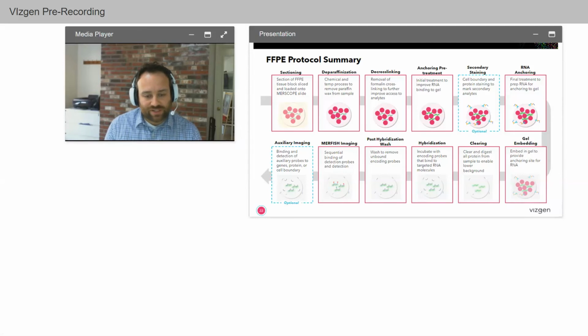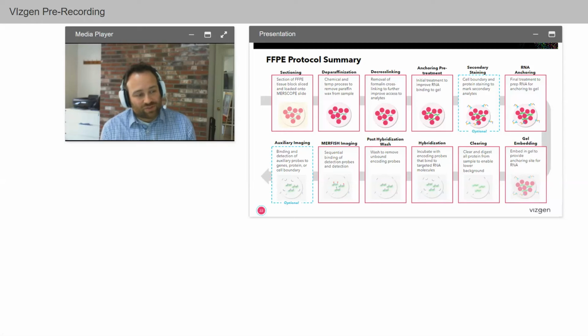From here, we do a hybridization where we use our gene panels to hybridize our encoding probes to those RNA targets. We do a post-hybridization wash to remove the unbound encoding probes, and then we go through MERFISH imaging, which is going to flow in those detection probes that will bind to the encoding probes that are present.